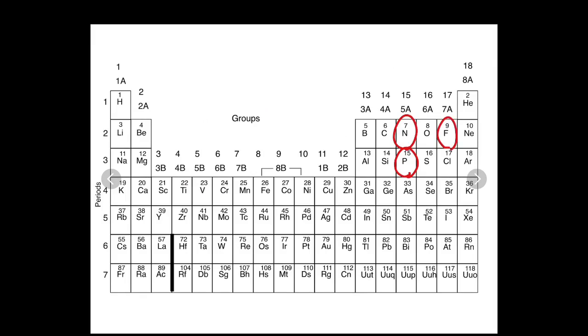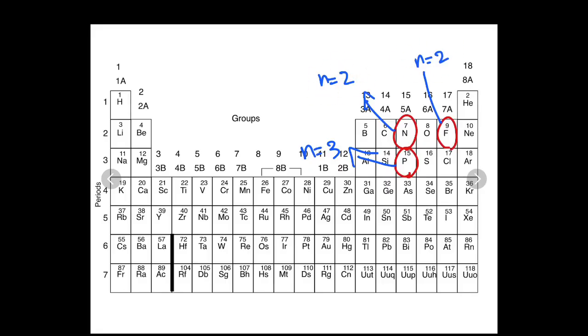If you're looking at the size in general, you will notice that nitrogen contains 2 energy levels because n equals 2. Fluorine also has n equals 2. Phosphorus has n equals 3. So 3 energy levels for phosphorus, 2 for nitrogen, and 2 for fluorine.